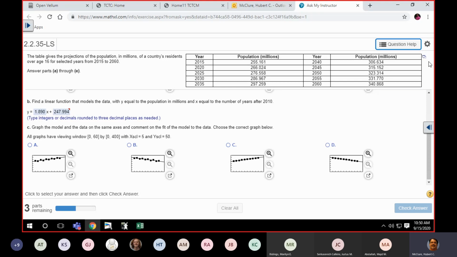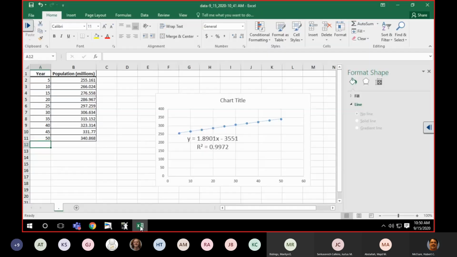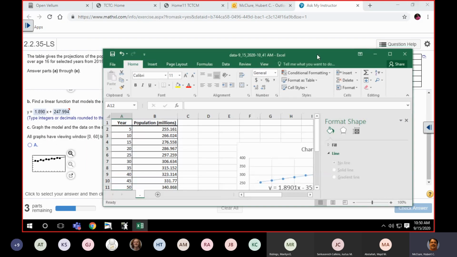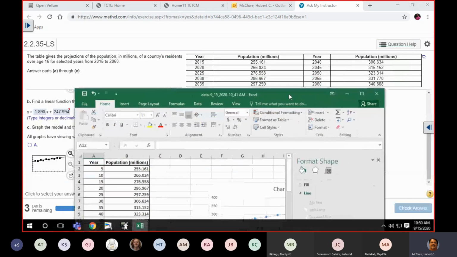So let's look over at the Excel spreadsheet and the numbers. Check those numbers, please. Are those numbers coinciding with those numbers?